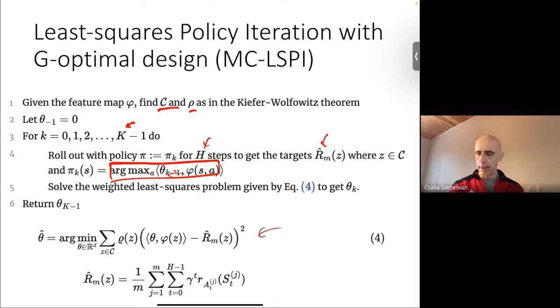So I call this procedure least squares policy iteration. That's a name that was given to it, but there is an element of a G-optimal design here. And then there is a Monte Carlo rollout element, which is there because that's the way we are evaluating the policies. So if you took Rich's classes, he's going to talk a lot about using TD algorithms for doing policy evaluation.